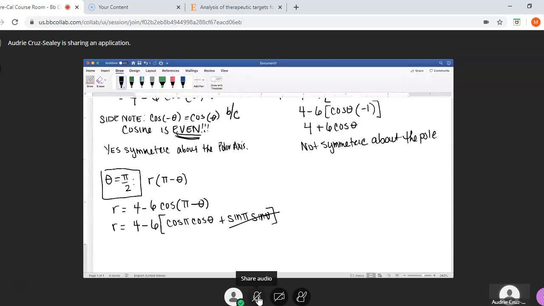Sine of pi is still 0. That's gone. Cosine of pi is still -1. So this would give me, so this is not symmetric about theta equals pi halves.